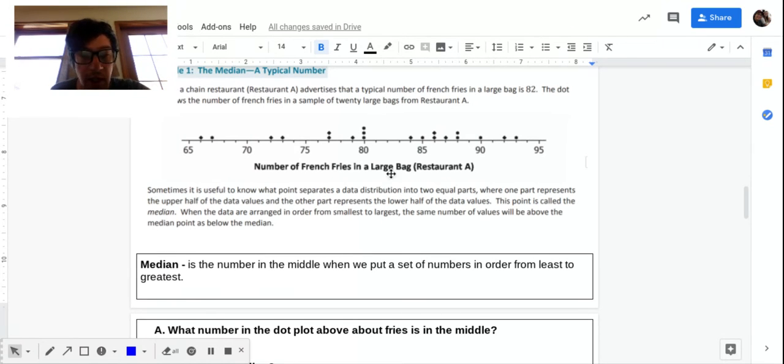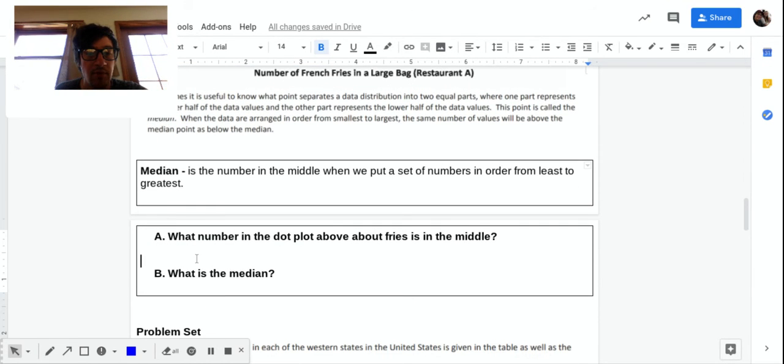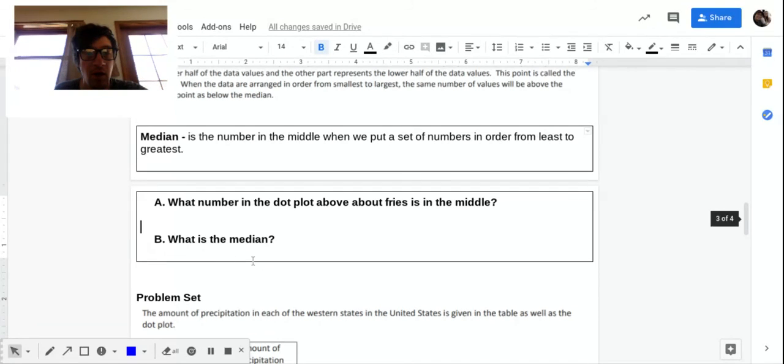Yeah. Okay. So down here, you'd type 84. Okay. The number in the middle is 84. What is the median? 84.